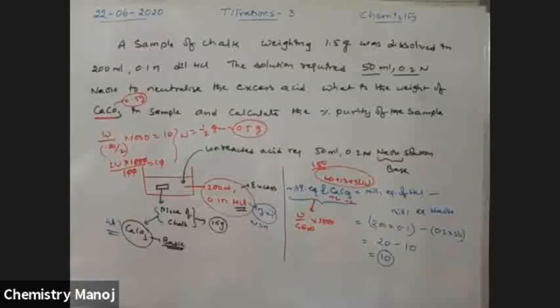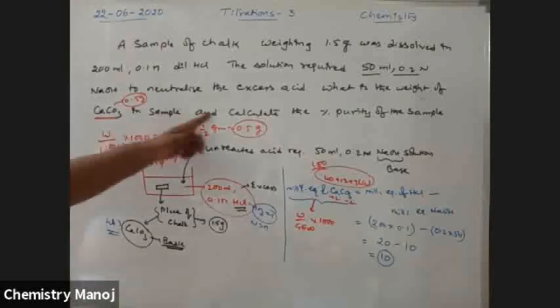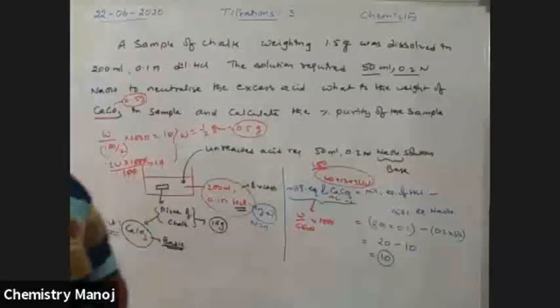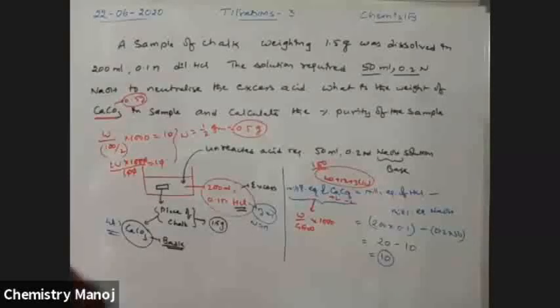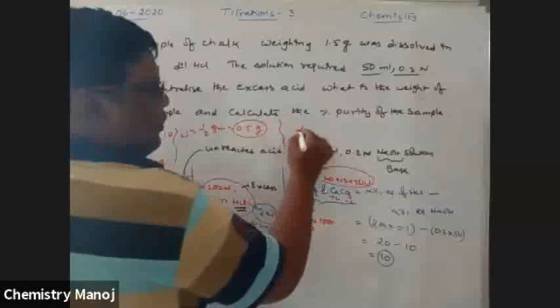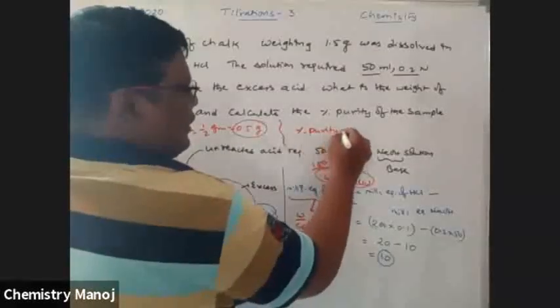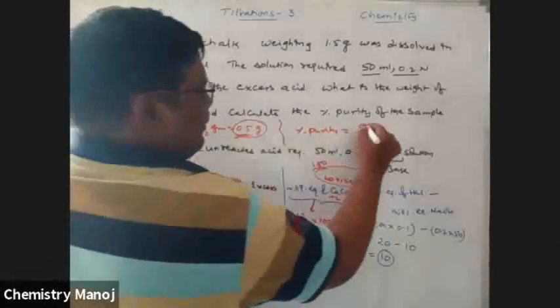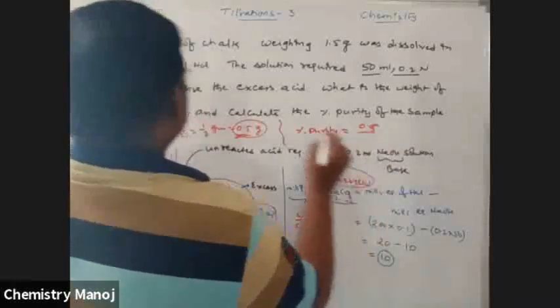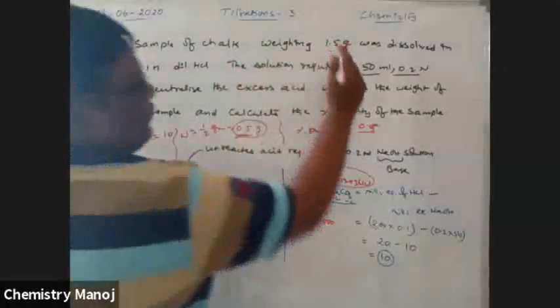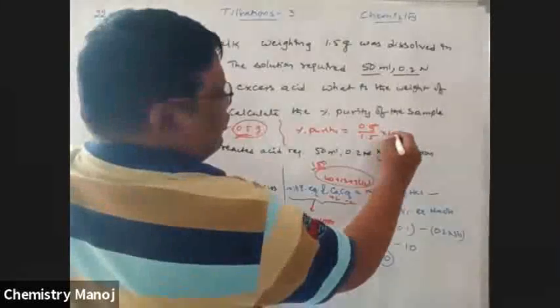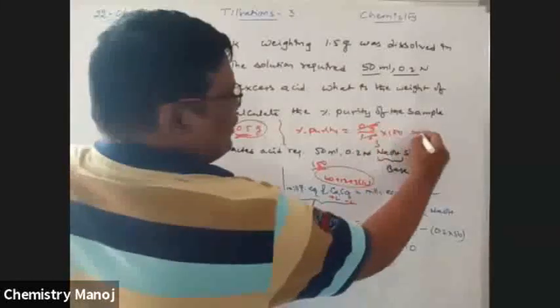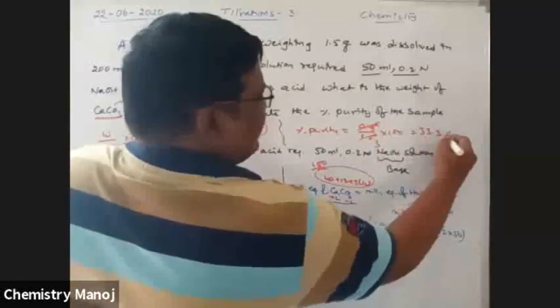So is this clear? Now the first question is completed. Next, calculate the percentage purity. Percentage purity means weight by total weight into 100. Actually, how much weight is taken? 1.5 grams. So 0.5 by 1.5 into 100. It is one third, that is 33.3%.